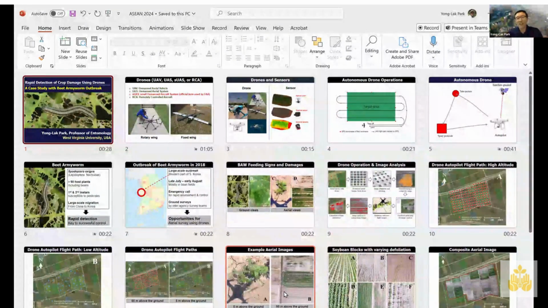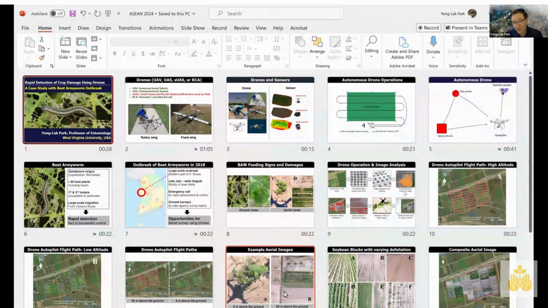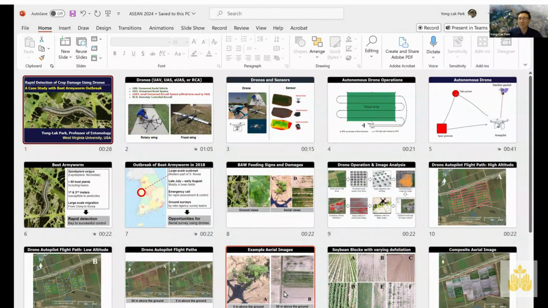So in terms of early detection, when the damage is small, the drone has to fly low to see the damage, right? But if you fly low, the problem is you cannot cover a large area. So there are pros and cons.